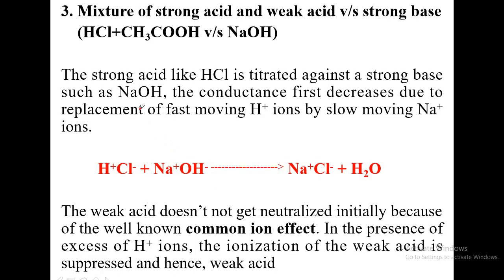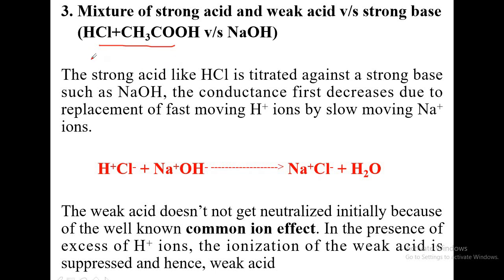Moving on to the last case, there is the mixture of strong acid and weak acid versus strong base. In this case, we are combining the first two cases: hydrochloric acid and acetic acid are mixed, and then we are titrating against NaOH. Whenever we are taking a mixture, the acid which is stronger always dominates.